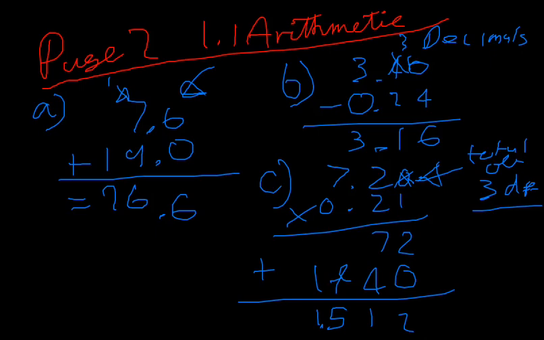So I'll clear the board so we can do D. D is dividing. So we do 0.84 divided by 0.2. So we need to multiply both numbers by 10 so we can divide by a whole number.